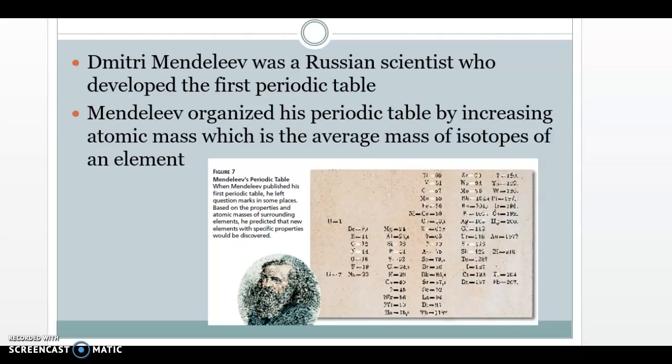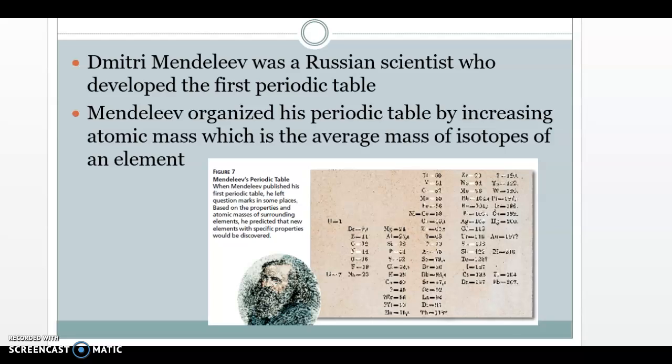So this first guy was a Russian scientist. His name was Dmitry Mendeleev. He was the person who first developed a periodic table, and we're talking about a guy back in the 1800s, I think, is when he first started doing this. Late or mid 1800s, he started recognizing these things.